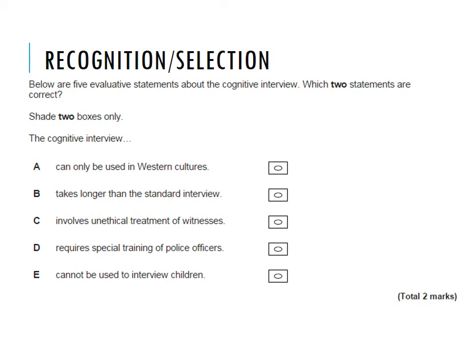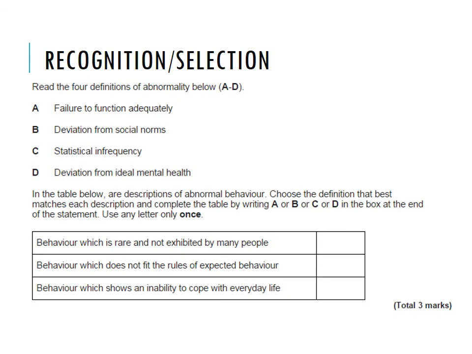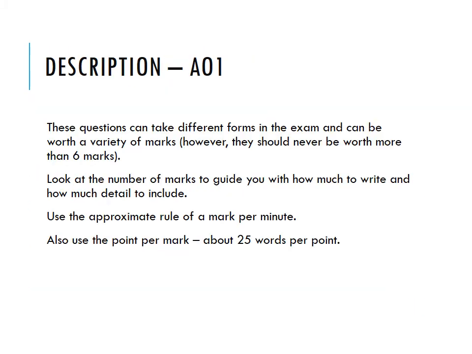So we're left between B and E. So it's not going to be that we can't use it to interview children, so we therefore would select B. You might also get a selection question, so matching up the definition with a key word. Therefore, it's important to make sure you do have knowledge of the key words within the psychology topics.